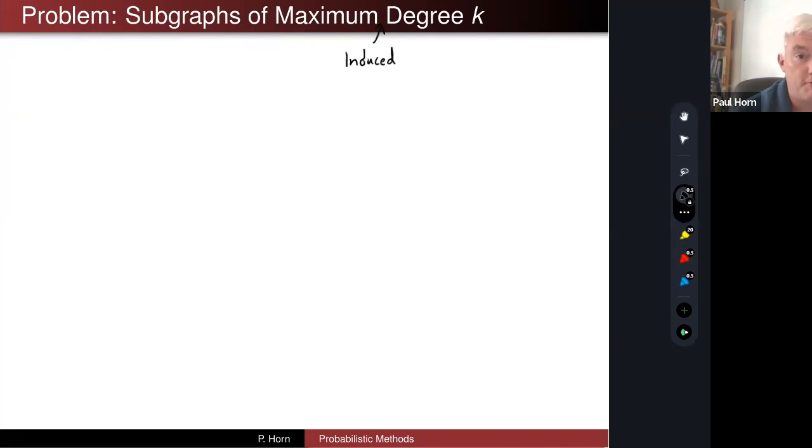What if I want a subgraph on my graph where the maximum induced degree is k? All right. Well, I can take the same approach, actually. I can just take this idea and recycle it.